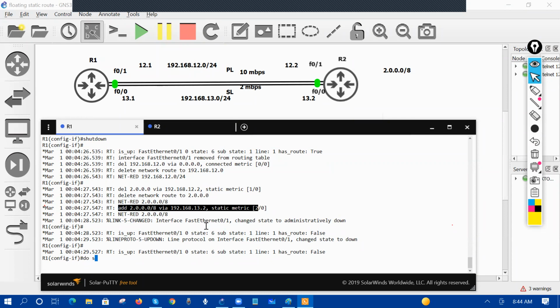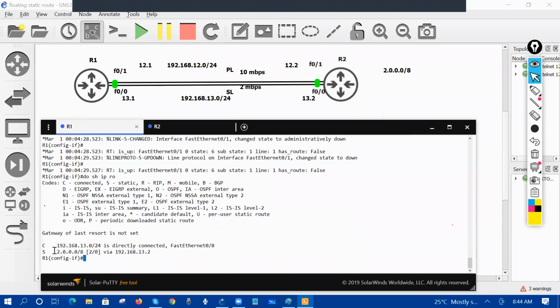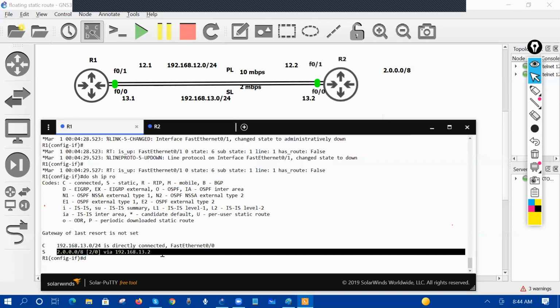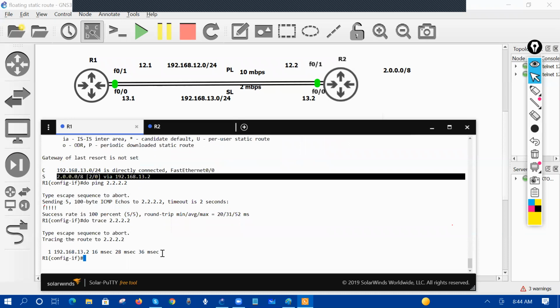Now do show ip route. Good to go now. And now all my traffic will go by the secondary, because the primary is not available. This link is not available, right? So all my traffic will go by the secondary link.